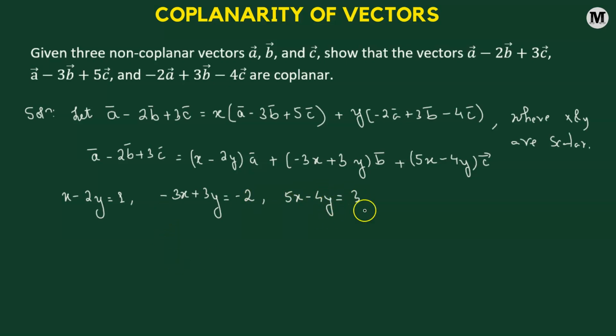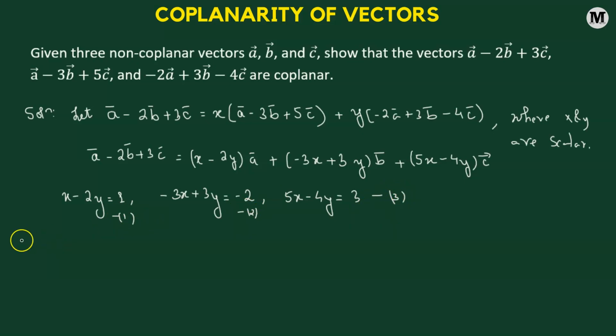So here we have three equations. We will solve two equations at a time, and whatever values of x and y we get, they should satisfy the third equation. Then we can say that the three vectors are indeed coplanar. Let's consider the first and the second equation. Let's label them as 1, 2, and 3.